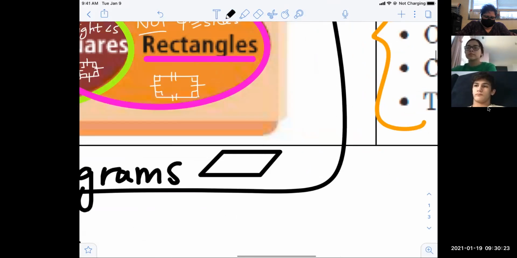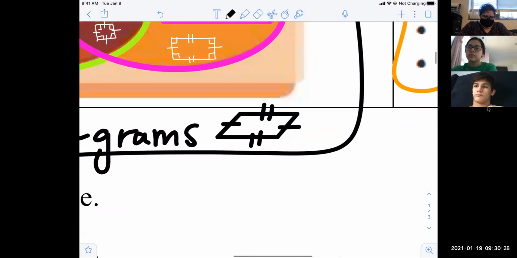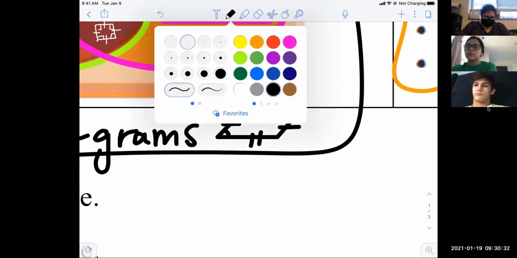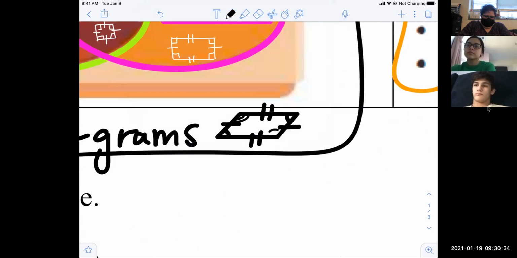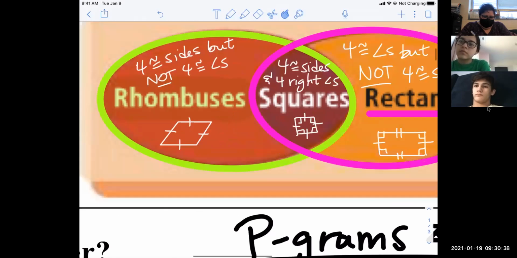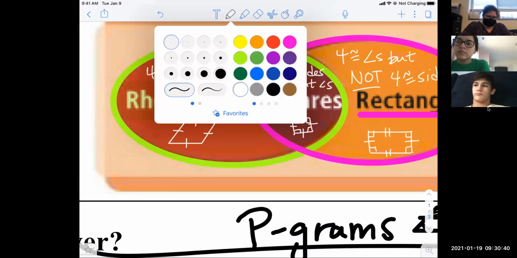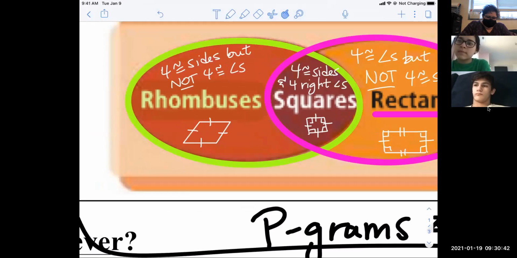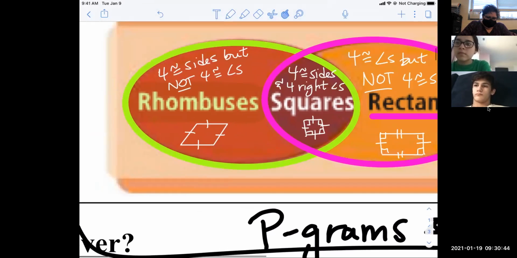Okay, so these would be like that, but then these angles would not be right angles. Those would be the same. And then these would be the same, but not right angles. I should probably mark that on the rhombus here. Rhombuses will have opposite angles congruent, but they can't be right angles.